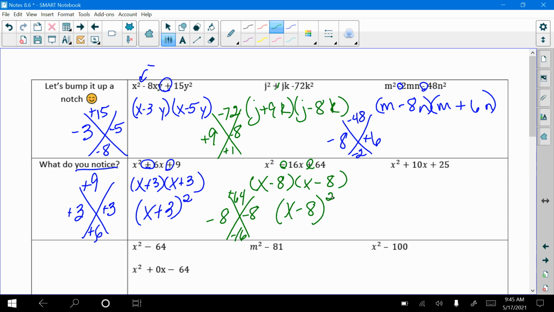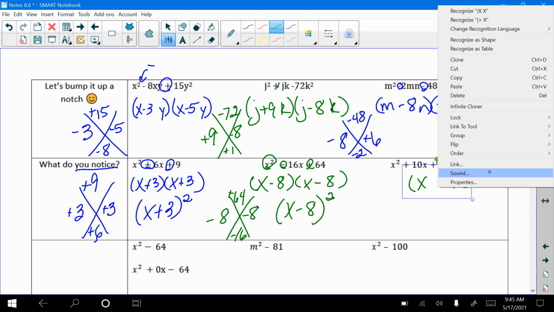So when I ask you what do you notice, hopefully you notice that they have a perfect square here, because x squared is x times x, and a perfect square at the end, which is 8 times 8, or in this case, 3 times 3. In this case, it's going to be 5 times 5. Now, the thing you have to remember is that the middle term has to add up to the same, like to both of those added together. So this one is going to be x and x.